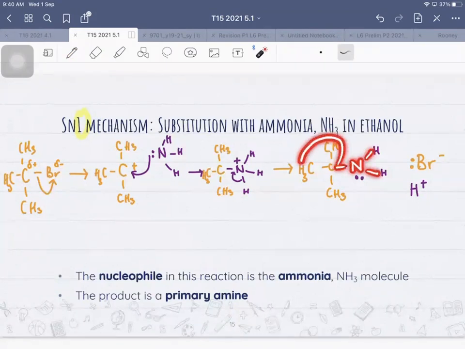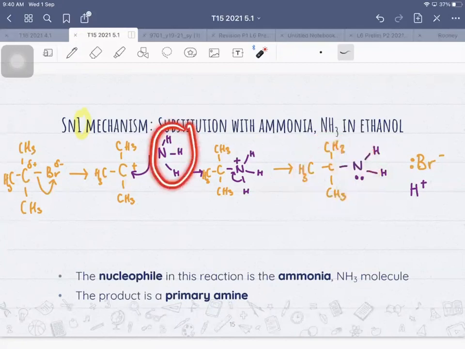You have one big alkyl group there attached to the nitrogen, and the rest are hydrogen. So this is primary amine. Ammonia is actually an amine as well. It's a primary amine because all the 3 bonds are attached to hydrogen. Okay. Any question?